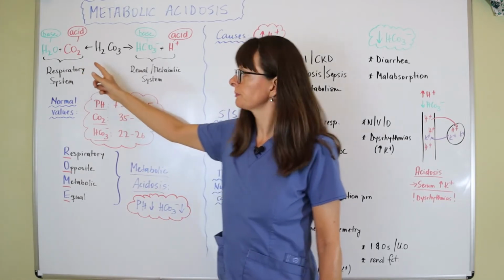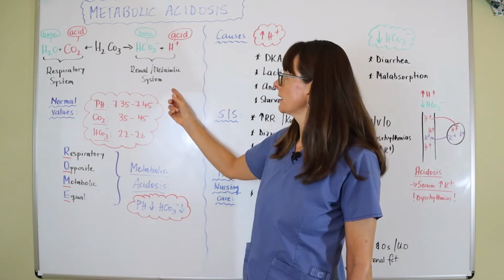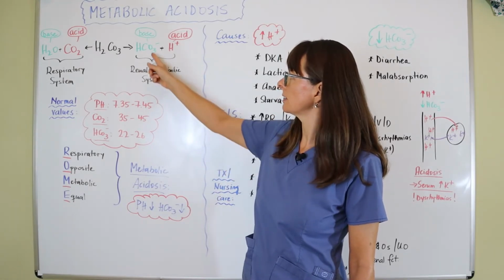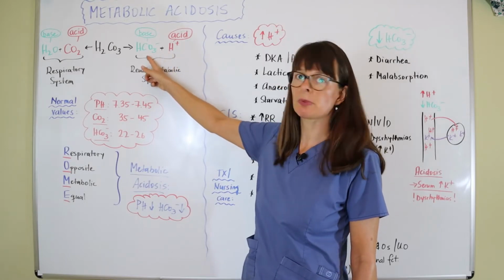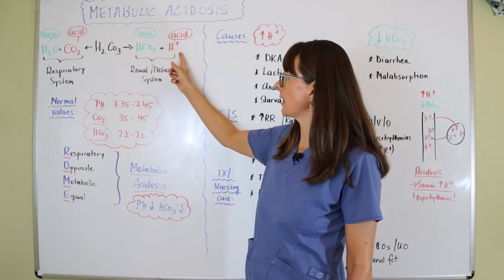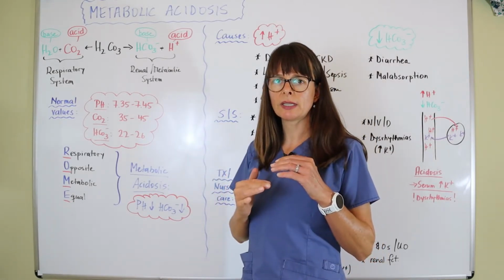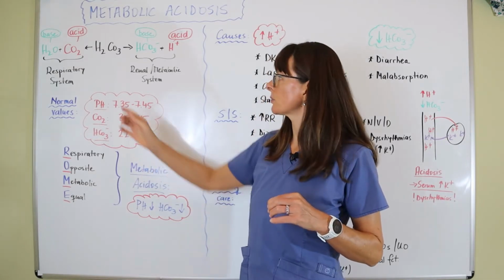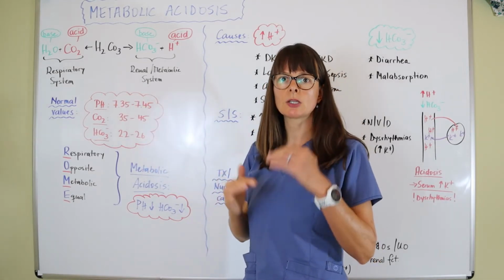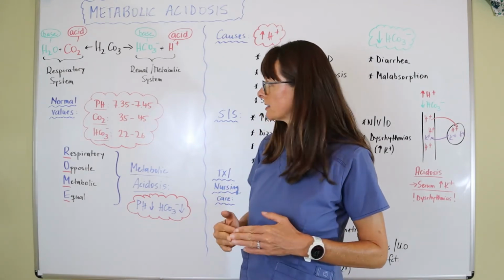Over on the renal, or also called metabolic side, the kidneys break it down into HCO3 minus and H plus, which is bicarbonate and hydrogen ion. The kidneys regulate this by excreting more or less hydrogen ion and bicarbonate, and the respiratory system regulates it by increasing and decreasing the respiratory depth and rate.